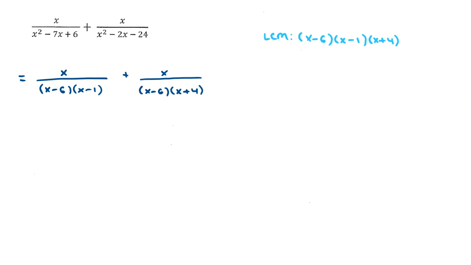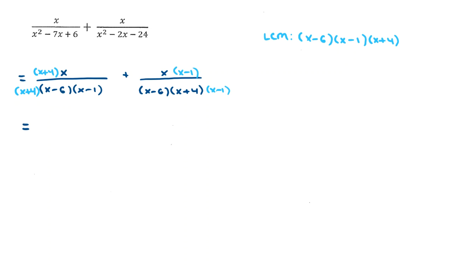We are missing the factor of x plus 4 from the LCM, so for that reason I'm going to multiply top and bottom of this fraction by x plus 4. And if you look at the second fraction, we are missing the factor of x minus 1 from the LCM, so for that reason we're going to multiply top and bottom by x minus 1. And now it's off to the races, simplification and combining and so on and so forth.